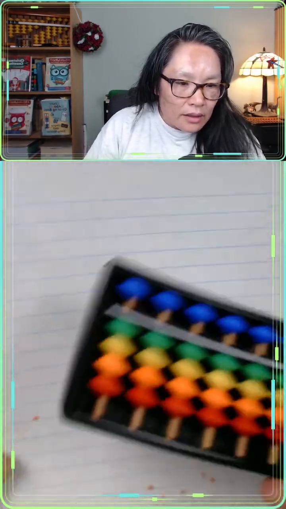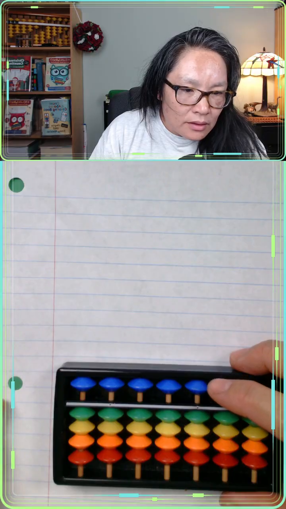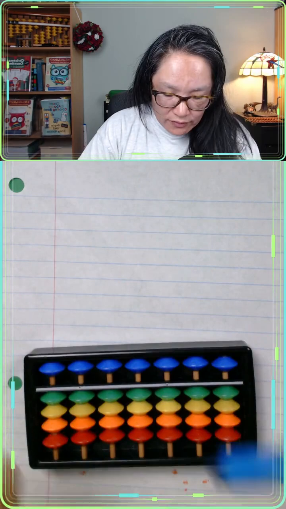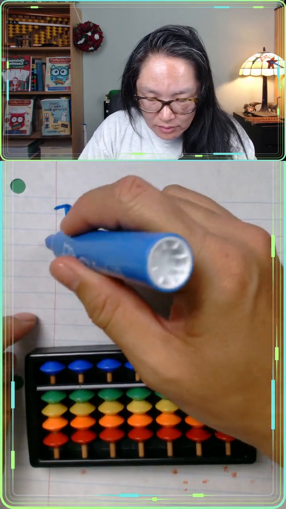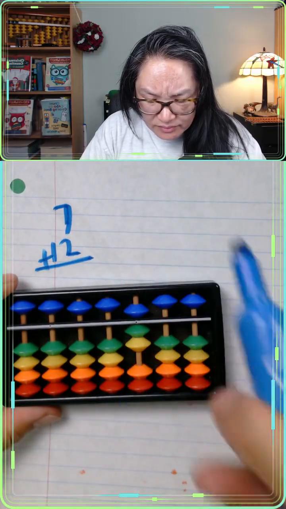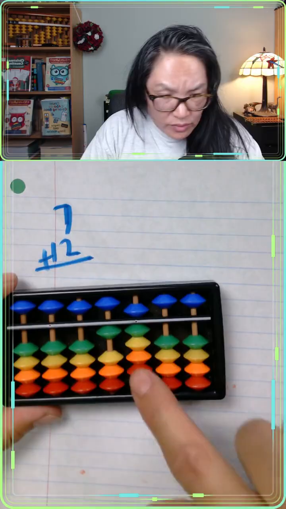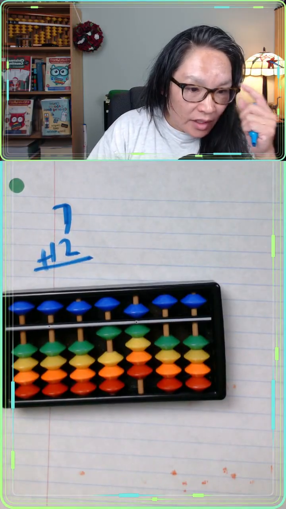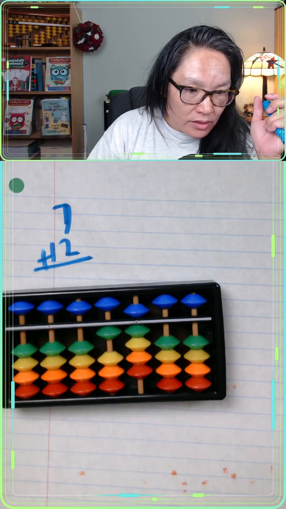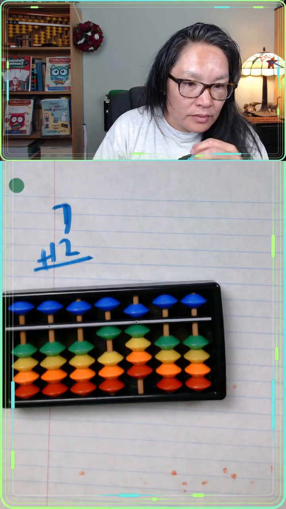What's the question? 7 plus 12? 7 plus 12 plus 1 plus 2. I told my son that you just keep adding a 0 to the numbers on the left.